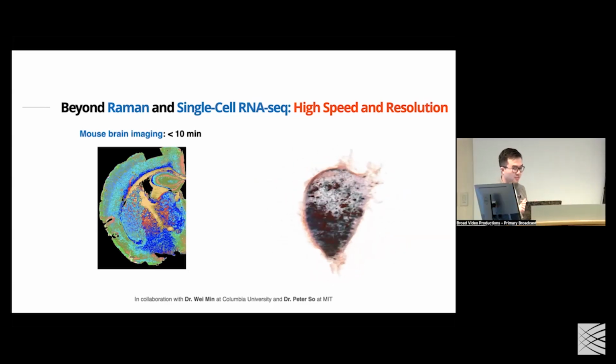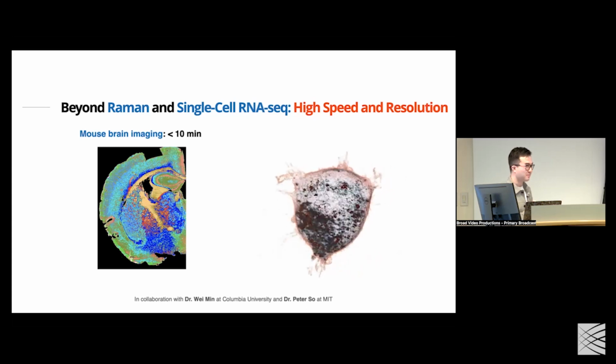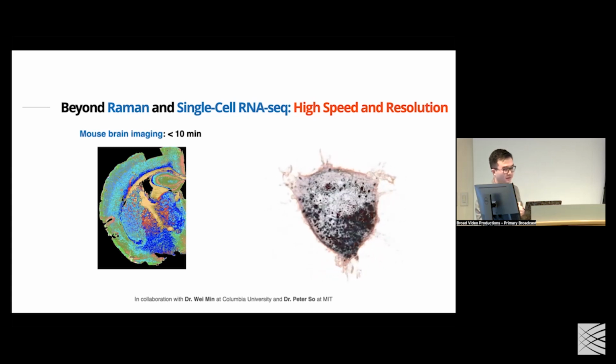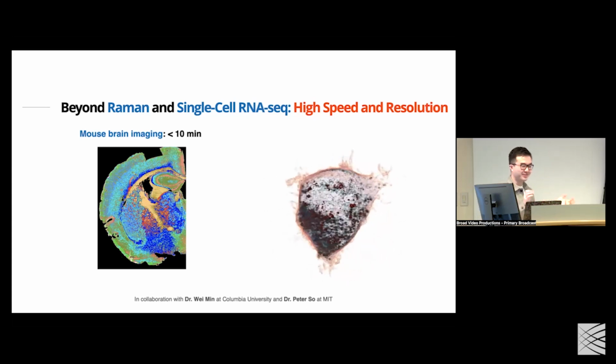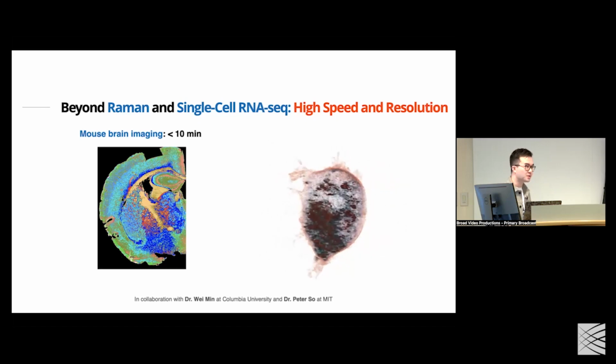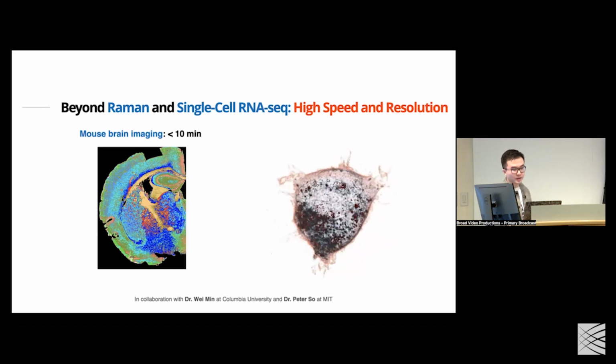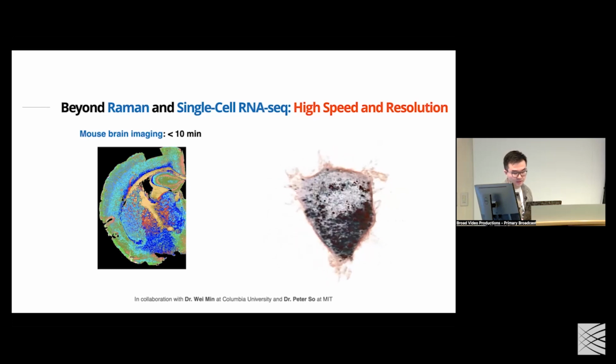We just imaged a monkey brain, which took us like 1 hour, and we're moving aggressively to see if we can map a human organ in a few days, not years, right? So that's beyond Raman and single-cell RNA-seq: what other imaging methods can we try, and what other single-cell sequencing methods can we think about to link them together.